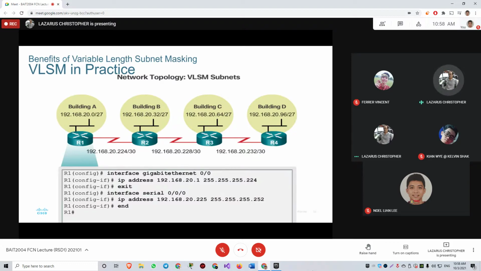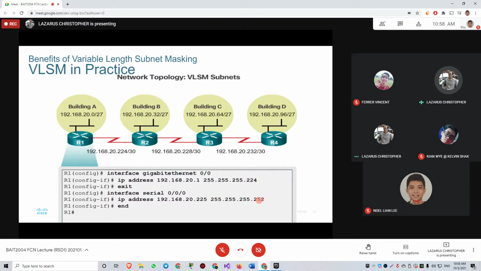And when you do the configuration for the interface, let's say for /30 in this network, this is the interface on router 3, this is the interface on router 4. So when you configure the address that you select from the range of addresses that you have, you also will put in the subnet mask right at the back, right?